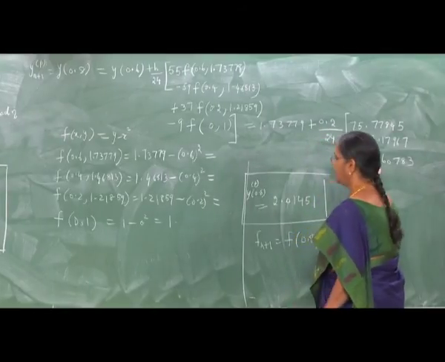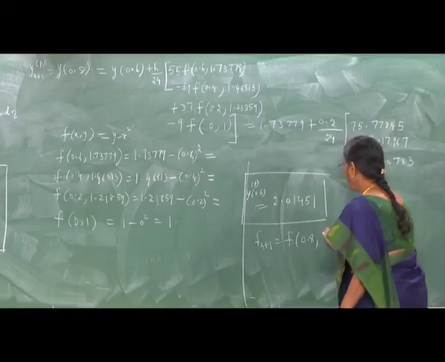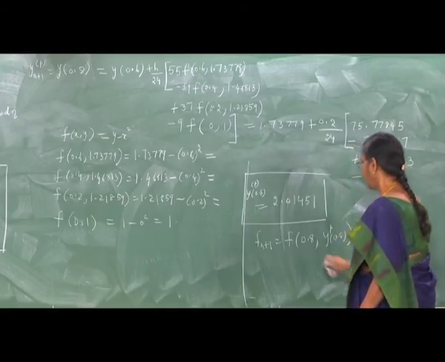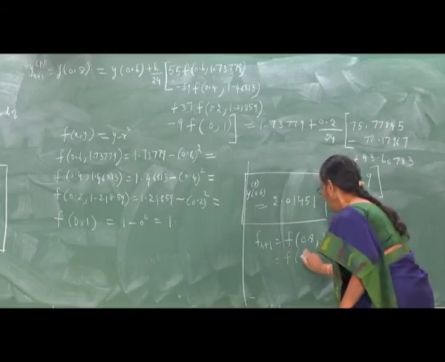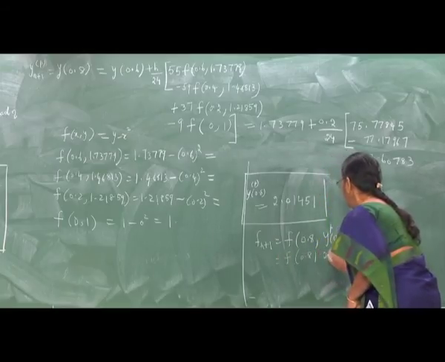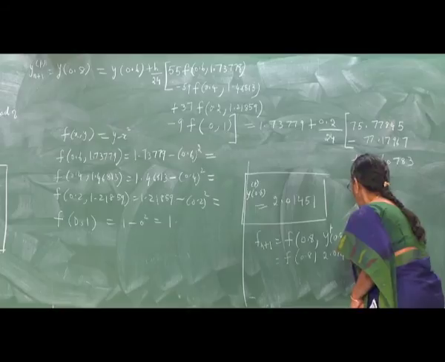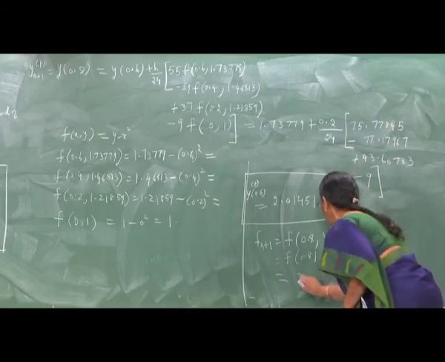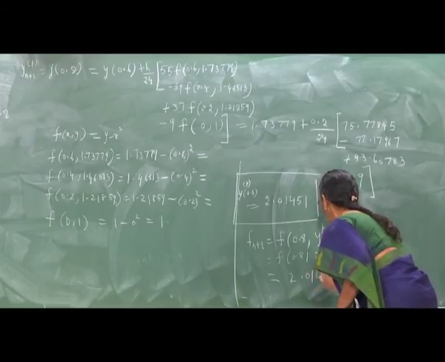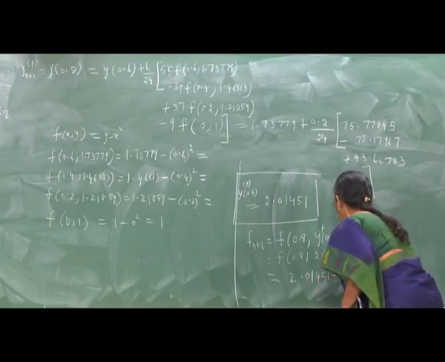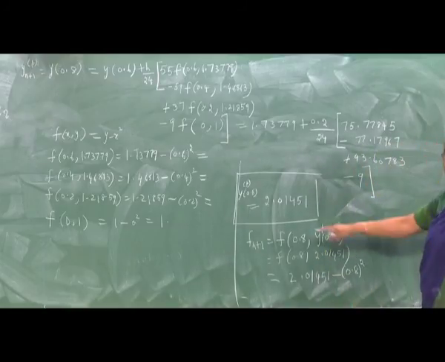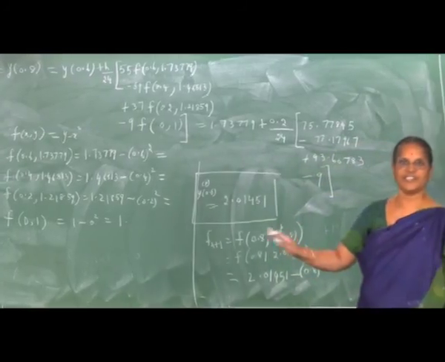It is 0.8. What is y? Y is y of 0.8, that is predicted. So, it is f at 0.8, 2.01451, but f of x comma y is y minus x square. So, 2.01451 minus 0.8 the whole square. So, compute that Fn plus 1 first.